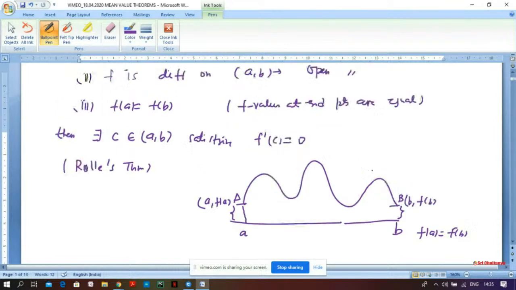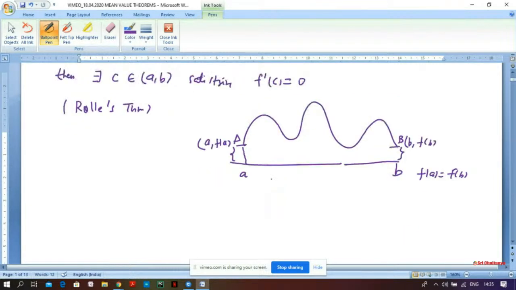And the graph is such that it is smooth, means it has no sharp corners. Formally, we say that f is differentiable means f has a tangent at each point of the graph between a and b, except possibly at a and b themselves, which are excluded.